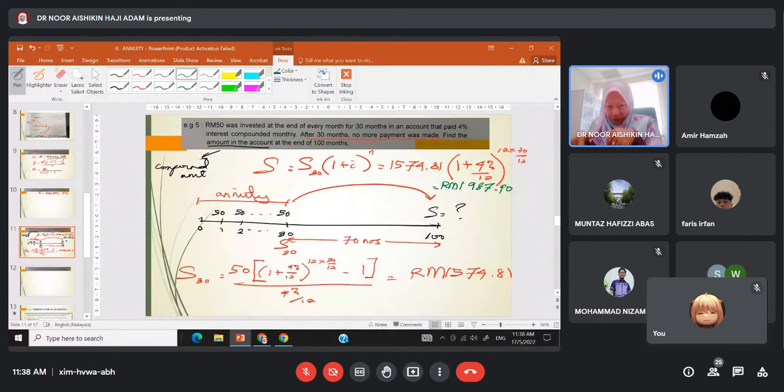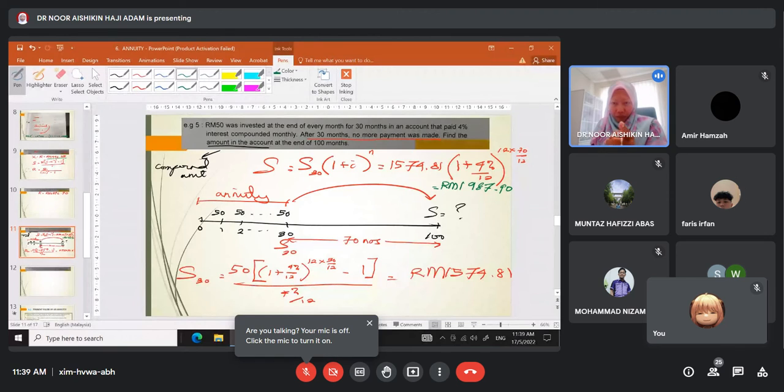But what you need to do on your calculator is take the whole value, 1574.807197, and multiply with 1 plus i to the power.